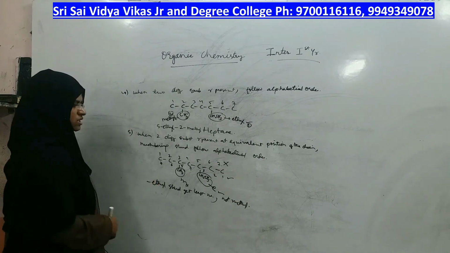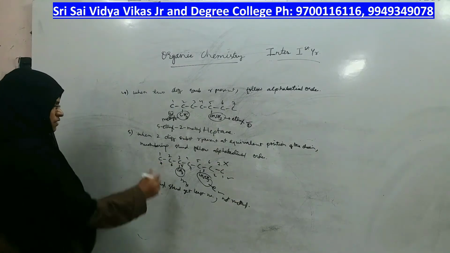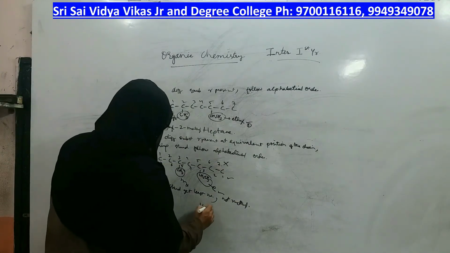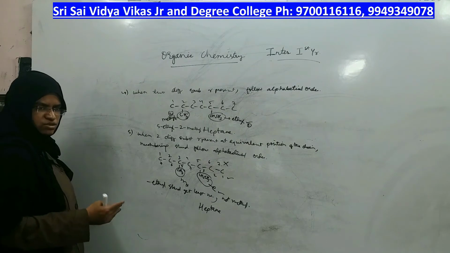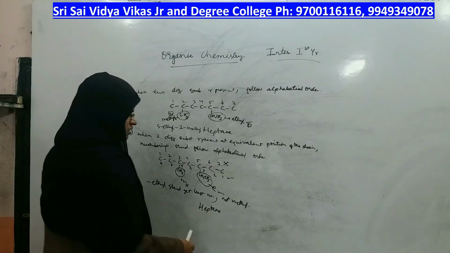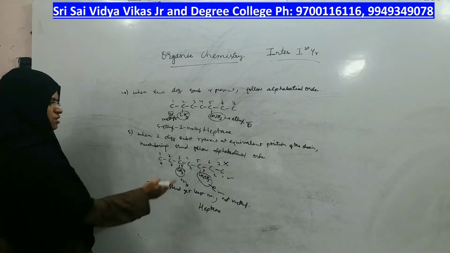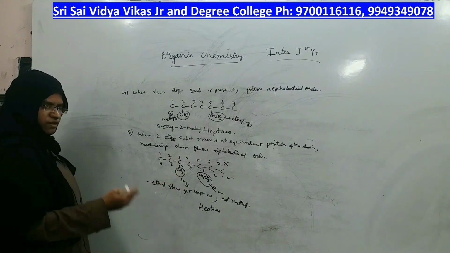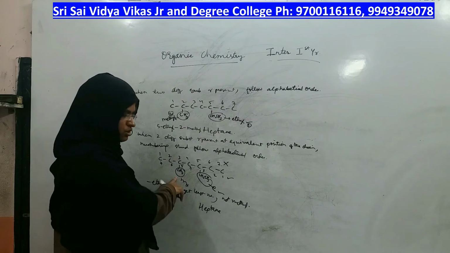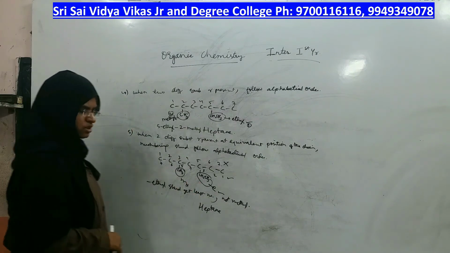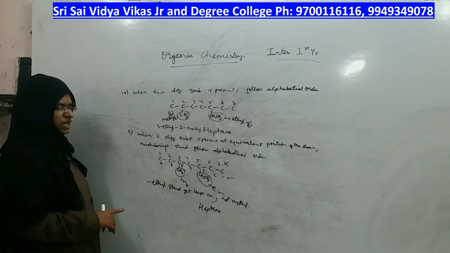Okay, so now what is the name? First write the root word. 7 carbons means heptane. No functional groups, no alcohols, carboxylic acids, aldehydes, ketones, nothing is present. So after heptane, no suffix needs to come. Are there any substituents? Yes. Where will they come? As a prefix. Who are the substituents? Methyl is one substituent, ethyl is another. In alphabetical order, ethyl comes first.